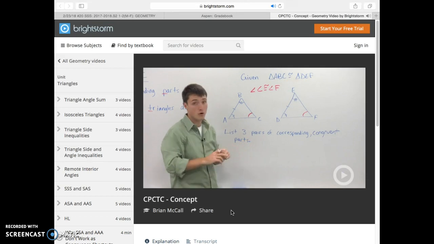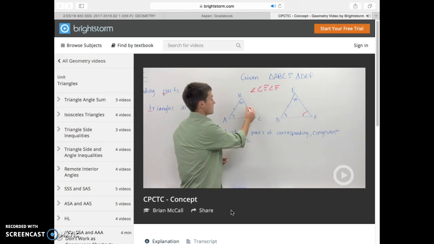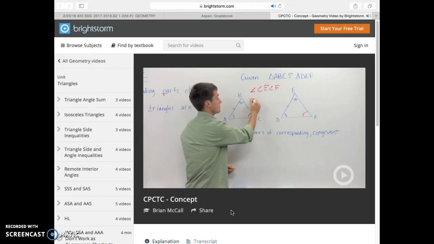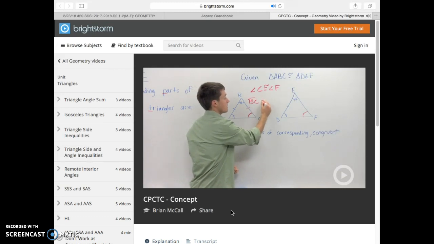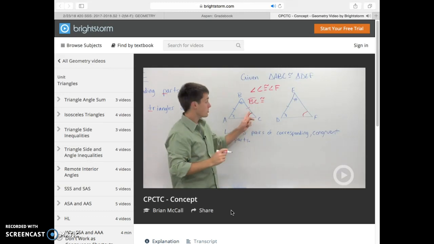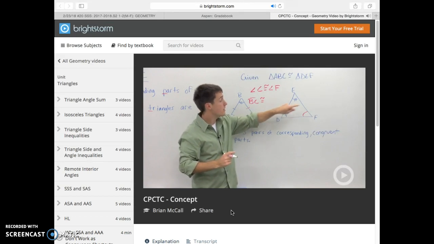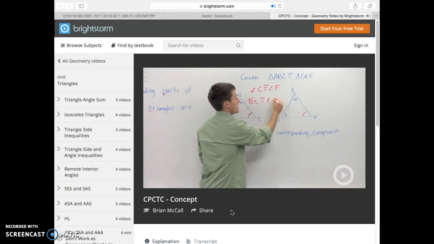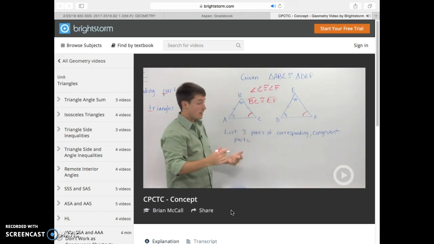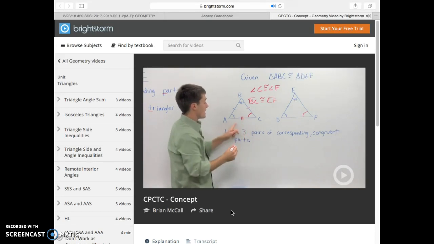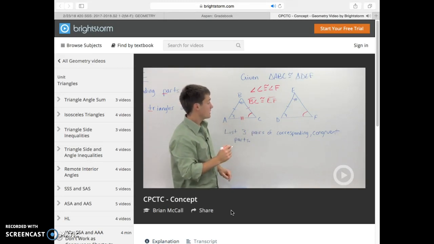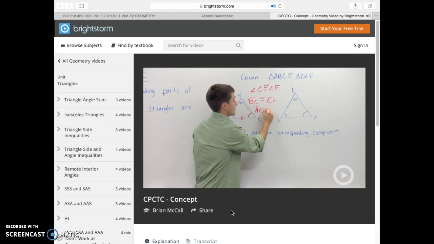It asks for two more pairs. Let's talk about this side, BC. So I'm going to say line segment BC is congruent to its corresponding segment in the other triangle, which is EF. And last, we could look at this line segment AC, its corresponding line segment in the other triangle.